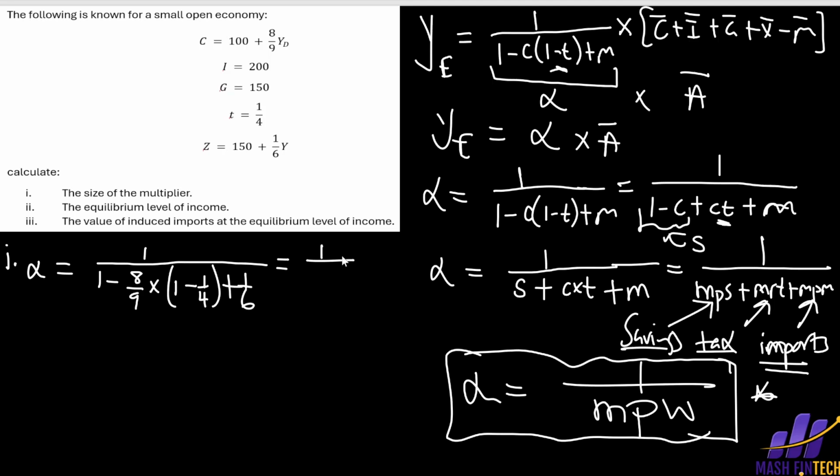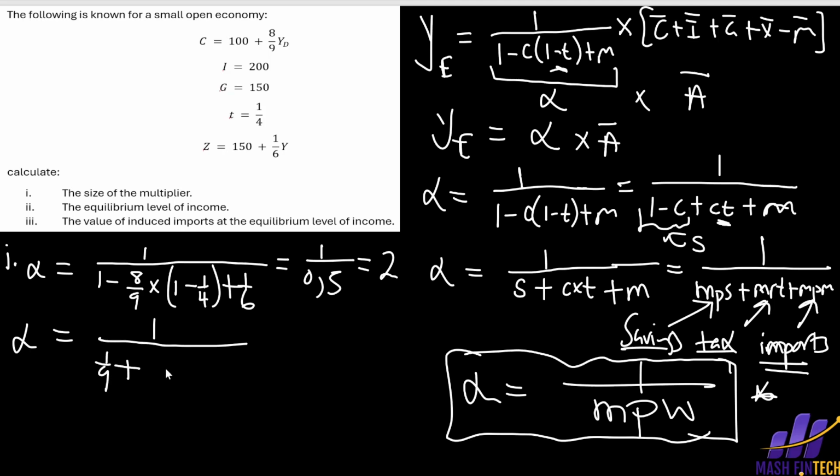It's a negative, and then we add 1, and then we add 1 over 6. I'm getting 0.5. The good thing about this, it makes life easy. It just gives you a multiplier of 2. I hope you got the same. Using the second approach, we say 1 divided by the marginal propensity to save, it's 1 minus this, which means you have 1 over 9.